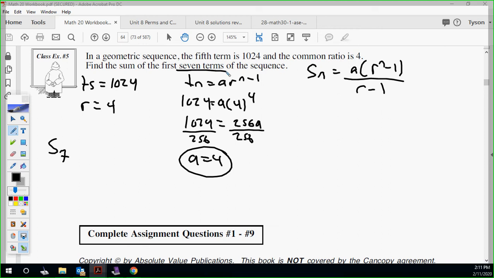So when you do 1024 divided by 4, you get what? 0.25. Okay, what do you mean by 0.25? Where are you getting 0.25?